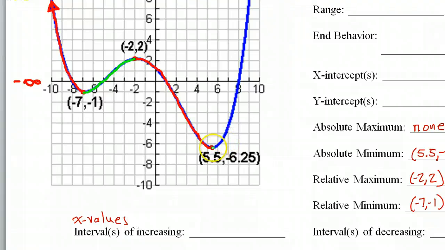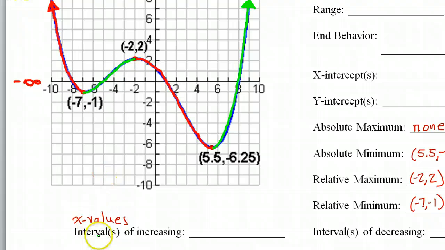And then one more time we find ourselves going uphill, and then we keep on going on up forever. So everywhere we were going downhill is going to show us a decreasing interval if we look at the x values. And everywhere we're going uphill will be an increasing interval looking at the x values again. So decreasing red, increasing green.